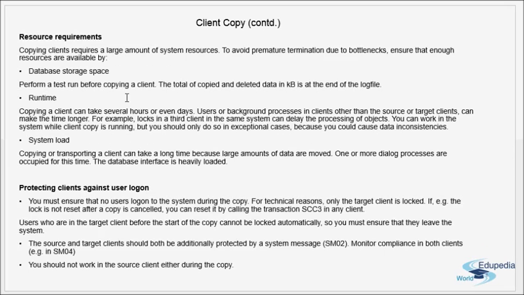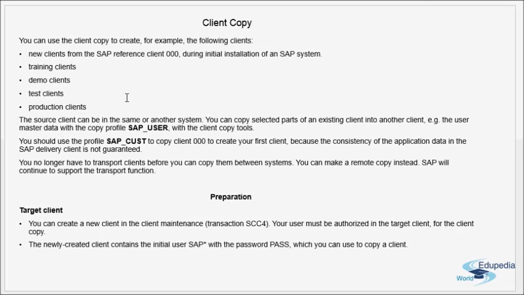So when we do a copy, first you have to create the entry of the new client in SCC4. Then log into the new client using SAP* and the password is pass. This SAP* user ID is delivered by SAP. It's embedded in the SAP kernel. You can additionally create a record at the SAP level also, to prevent unauthorized users from logging onto the system using this SAP* user.